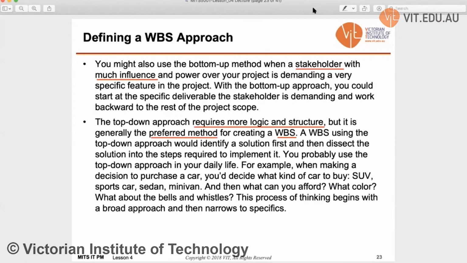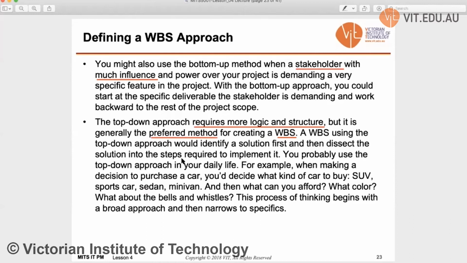Now, if you move back to the top-down approach, it looks very logical and structured, and it is generally the preferred method for creating a work breakdown structure. So most projects formally apply this top-down approach.